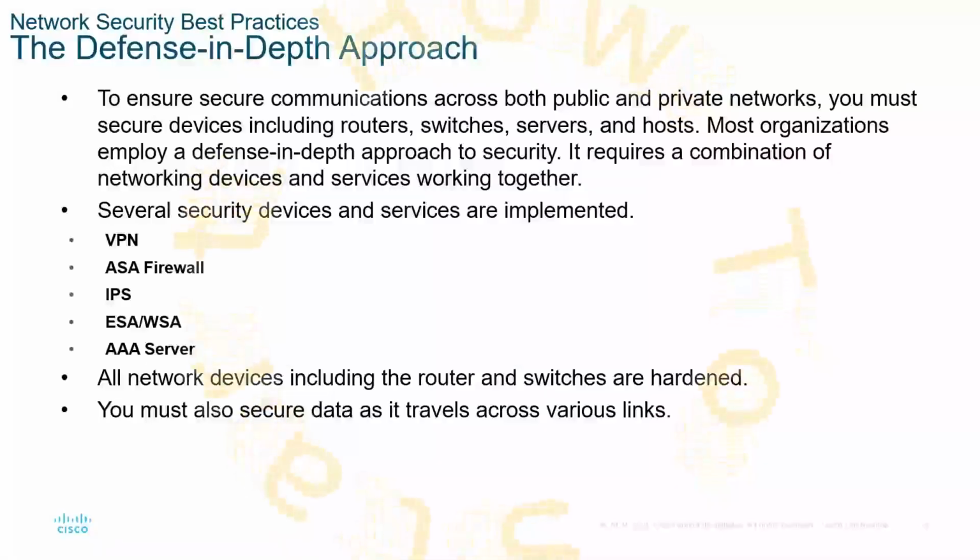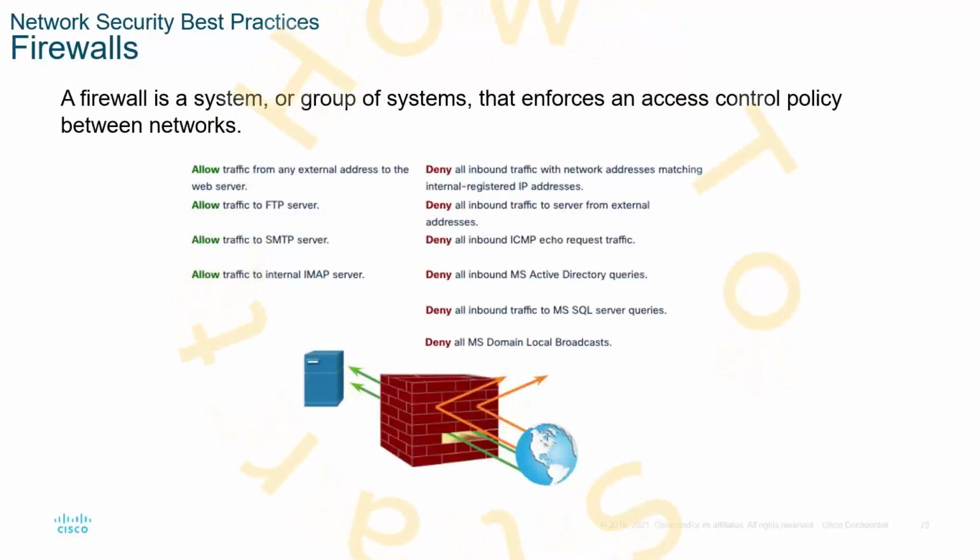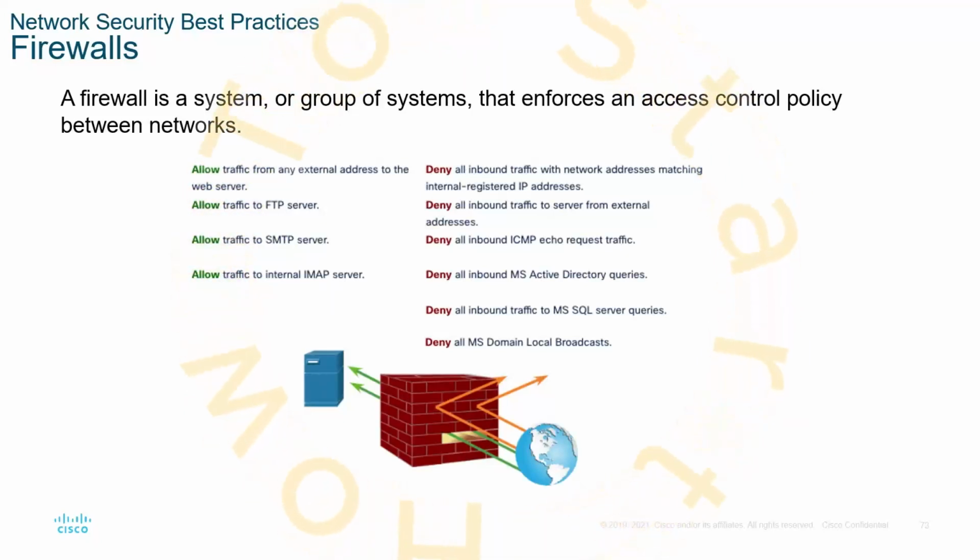We also have a DID approach, or defense in depth, and that means we have multiple appliances in our network as part of the security architecture: VPNs, firewalls, IPSs, IDSs, things scanning for email or web services, AAA services, Active Directory, strong passwords, administrative controls, and so forth. Firewalls prevent things that are not allowed from going into the network.